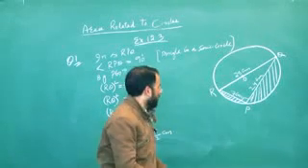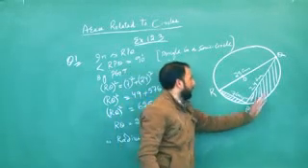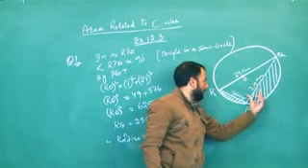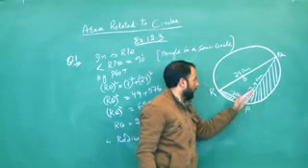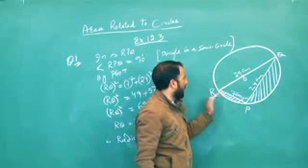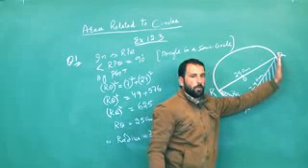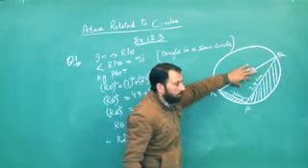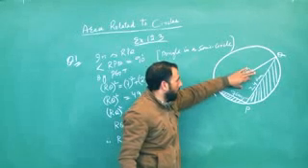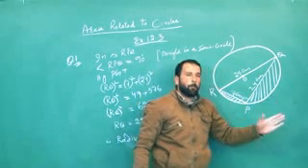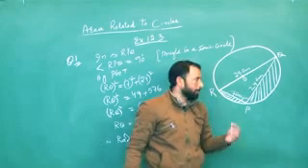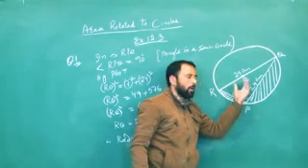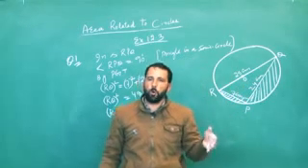Now, we have to find out the area of the shaded region. Clearly, the shaded region is in the semicircle. So, we can find the area of the shaded region by area of the semicircle minus area of this right angle triangle. We know that area of a semicircle is pi r square divided by 2 and area of a right angle triangle is 1/2 of base into altitude.